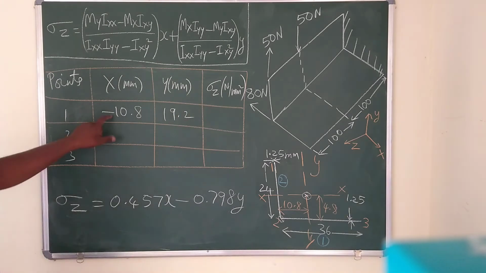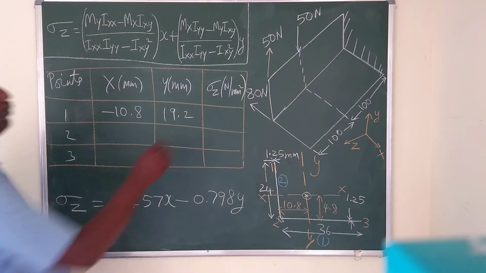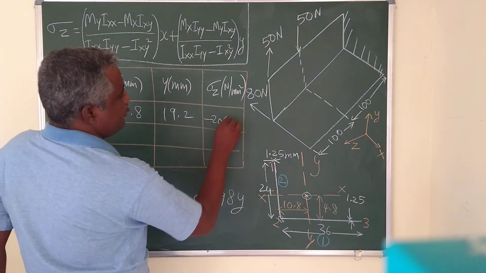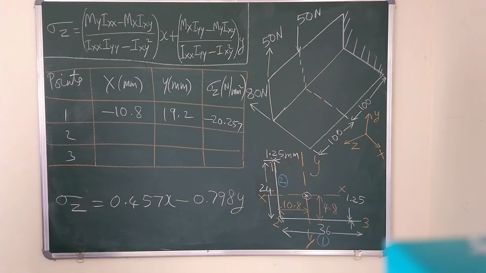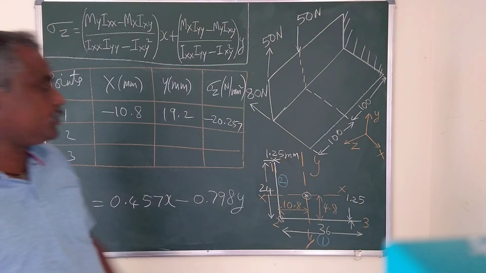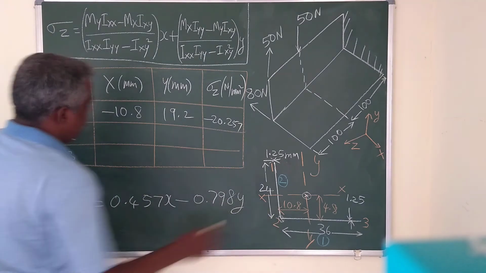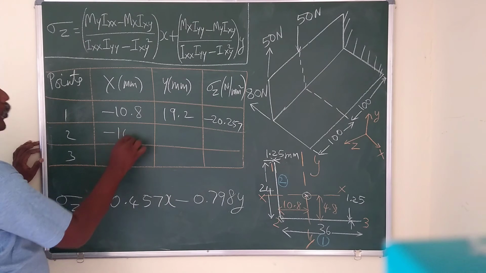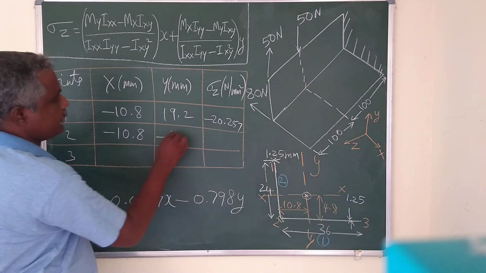So if you substitute this minus 10.8 and plus 19.2 in this expression, you will get minus 20.257 Newton per mm square, which is the direct stress due to bending, compressive in nature at point 1 at the mid span of the beam. Then at point 2, x value is in the third quadrant, negative, and y value is minus 4.8.